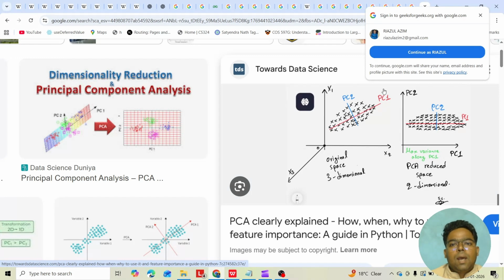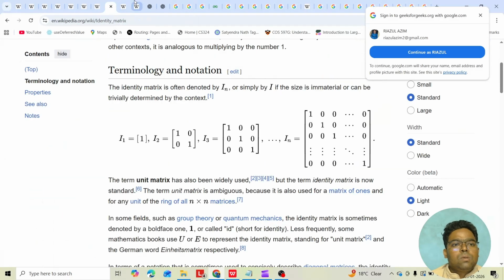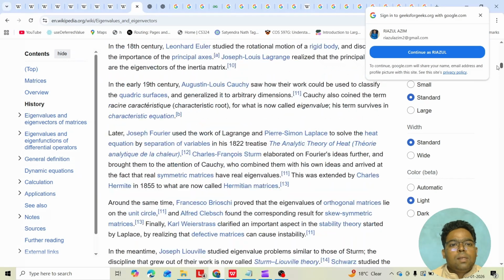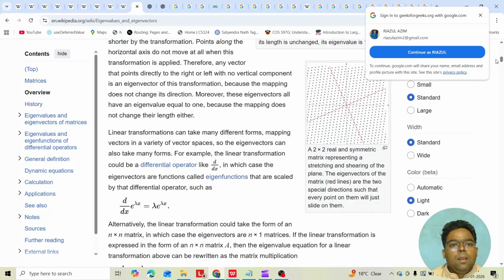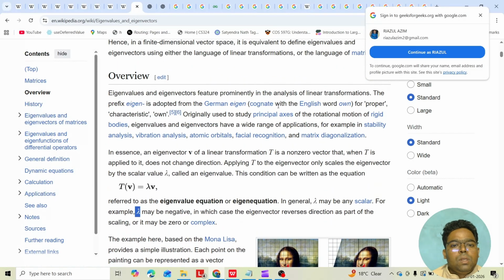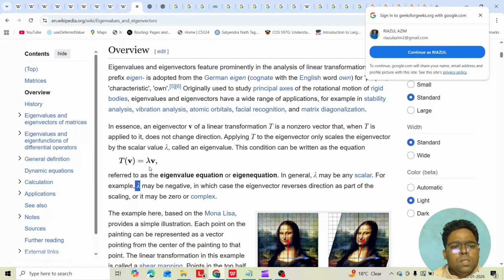And if you look at the eigenvalue and eigenvector itself, that is also very simple. If you look at this definition, we have a vector V, which is called the eigenvector of the linear transformation T, a non-zero vector, and lambda is nothing else but the eigenvalue itself.